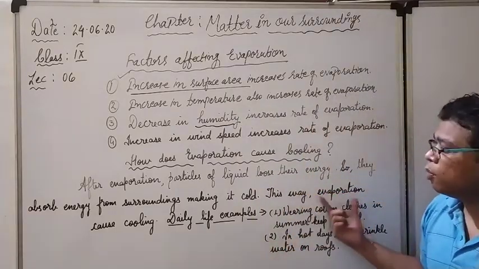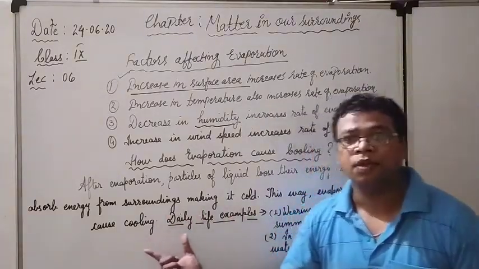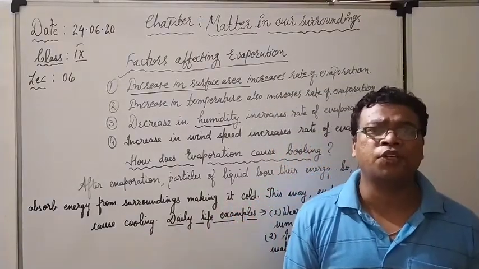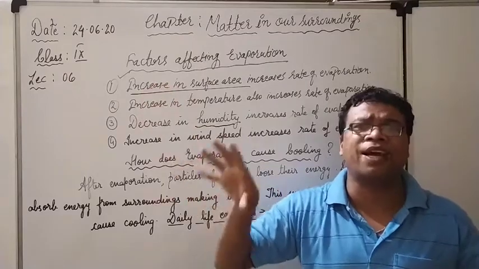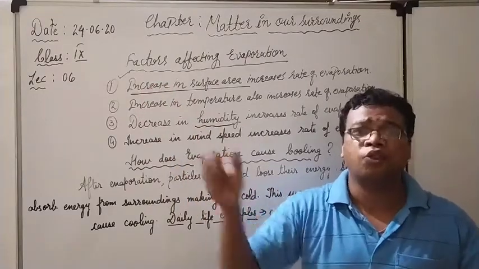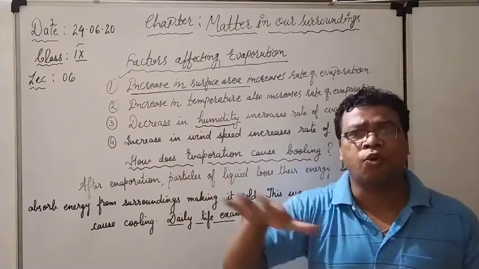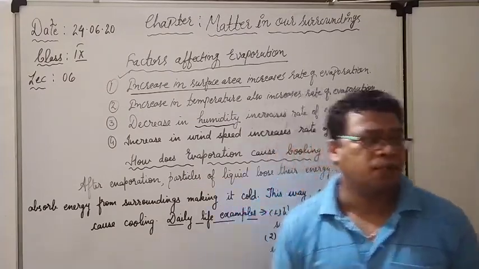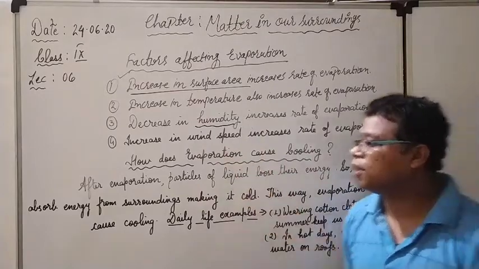And this way evaporation causes cooling. Because the liquid particles are losing their energy continuously after the evaporation, they are absorbing the energy from the outside atmosphere, and that's why the outside atmosphere is converting into a cold atmosphere, and in this process we can say that evaporation causes cooling.